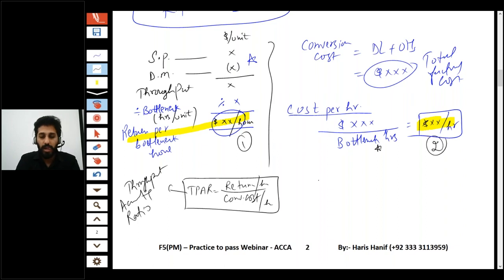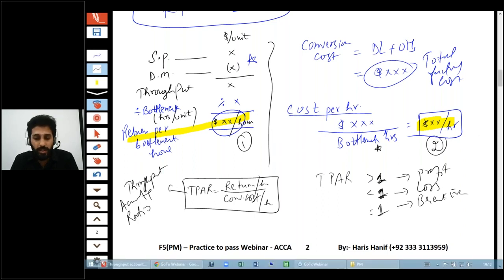If your TPAR is greater than 1, then profit is expected. Less than 1, loss is expected. And if it is equal to 1, that is the break-even point, right? So this is the measurement of profitability in throughput accounting.